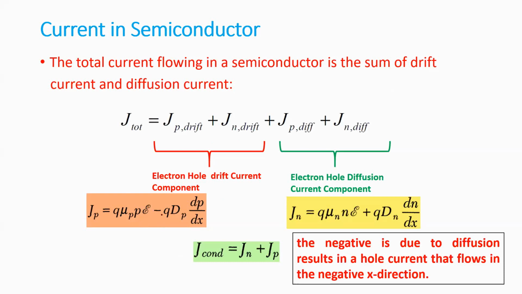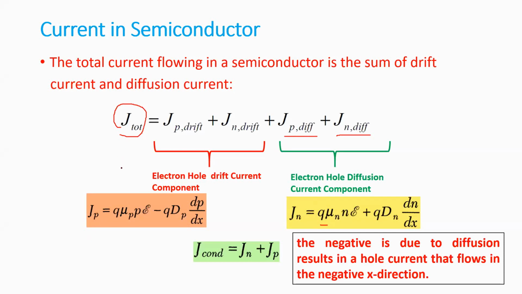So here you can see that your overall current in a semiconductor comprises two components. One is your drift current, so drift current due to holes and drift current due to electrons. Second is diffusion current, so diffusion current due to holes and diffusion current due to electrons. So we rearrange them.